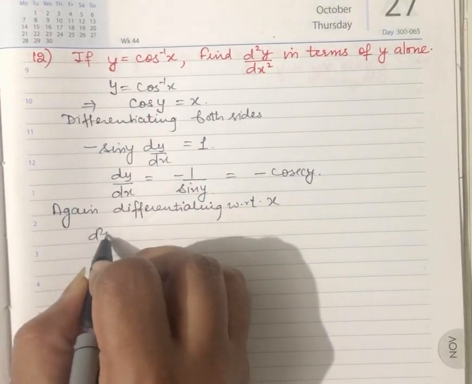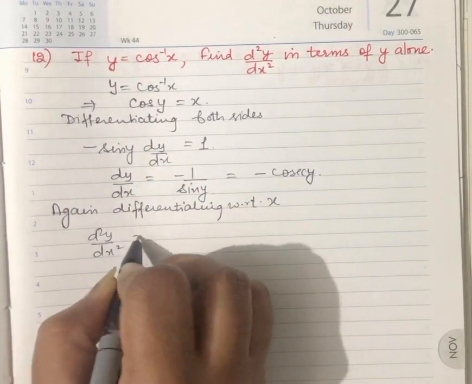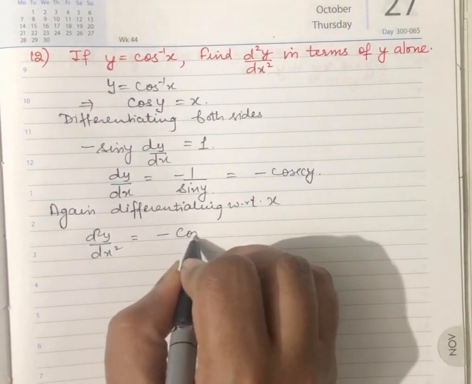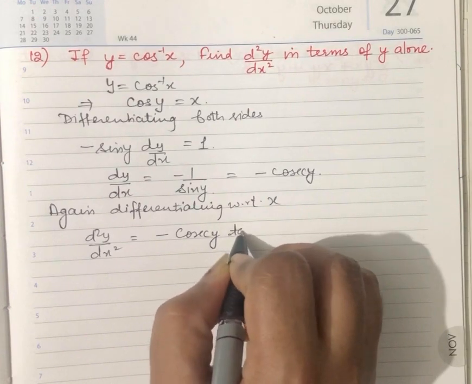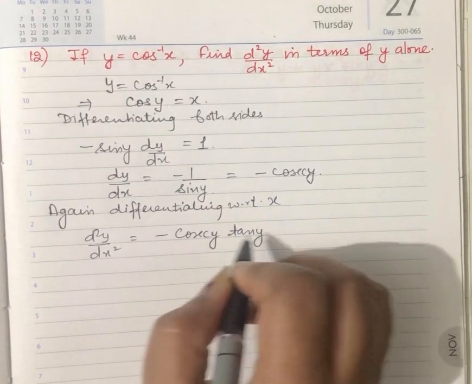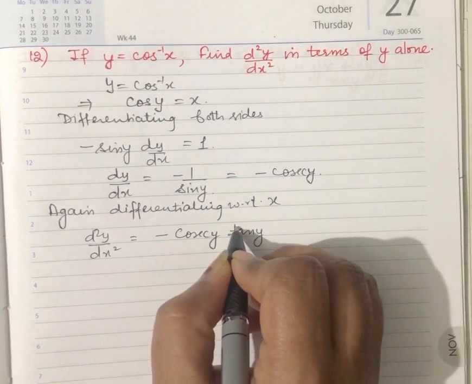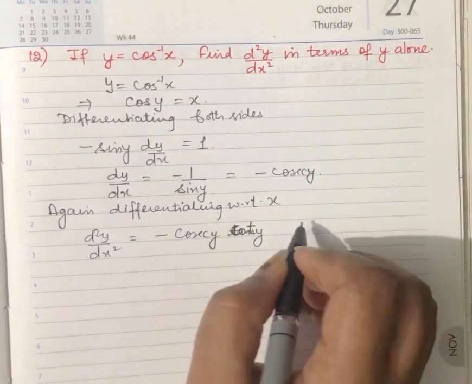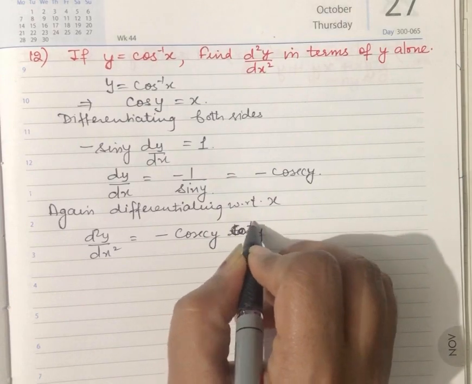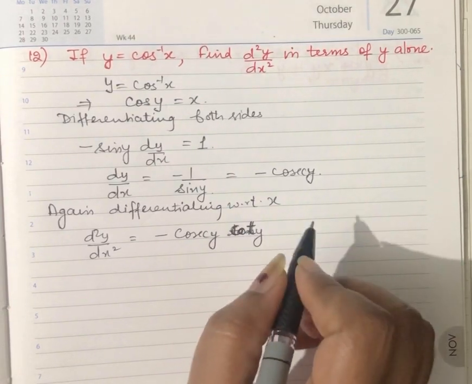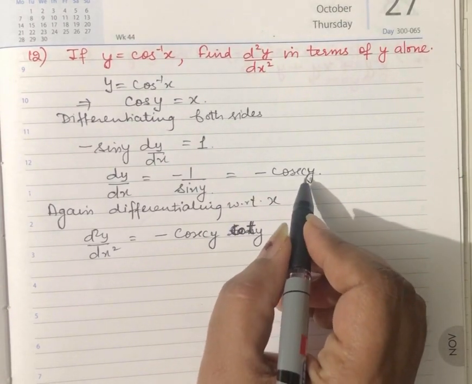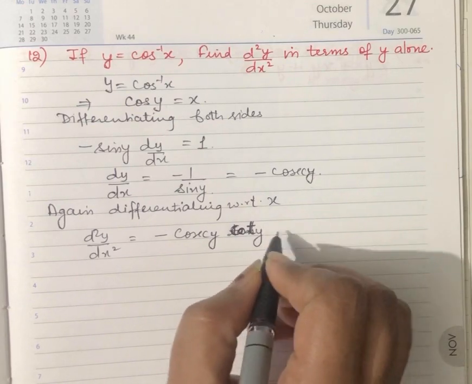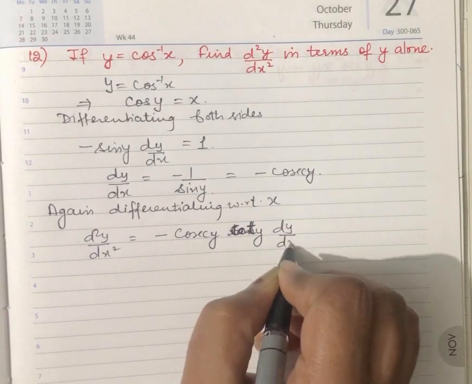So d square y by dx square will be minus, differentiation of cosecant is minus cosec y cot y, into dy by dx.